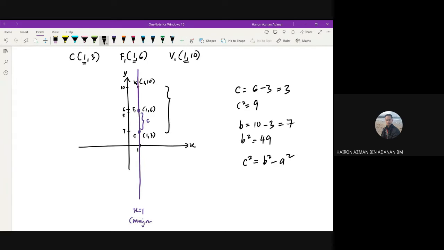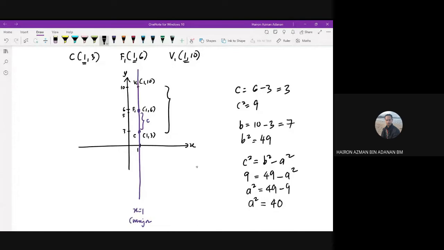Ini dia punya formula. Macam mana saya tahu B tolak A? Sebab B lebih besar pada A. Kenapa B besar pada A? Sebab B tu duduk bawah Y. Dia parallel dengan Y, major axis. Okay, so C squared is 9, B squared is 49 minus A squared, meaning A squared equal to 49 minus 9, A squared equal to 40.